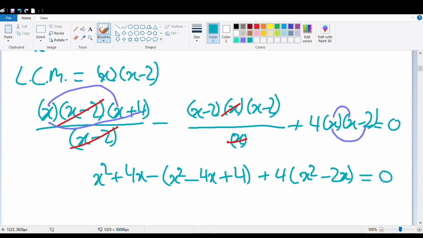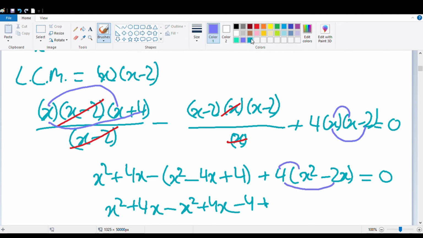is equal to 0. So we get x squared plus 4x minus x squared plus 4x minus 4 plus, here 4 into x squared is 4x squared, and 4 into negative 2x is negative 8x. So we get plus 4x squared minus 8x is equal to 0.